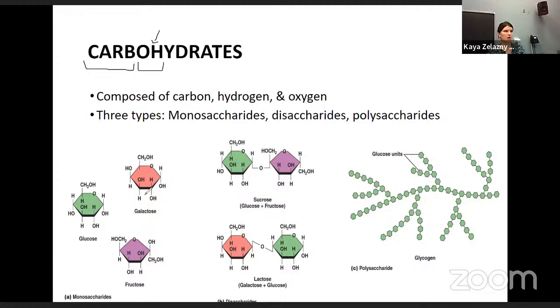So we can see a carbon ring with a bunch of these OH hydroxyl groups on the side. We can name them in order of how large they are. So a monosaccharide is just one of these rings. So our monosaccharides here are glucose.